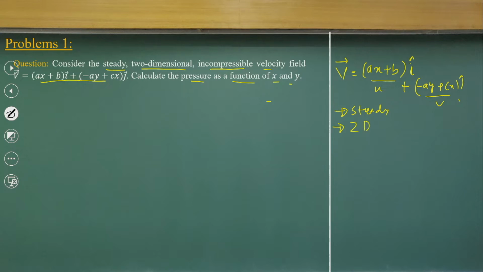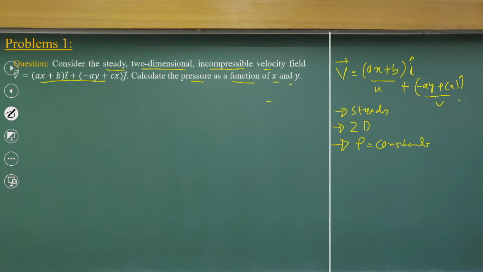You should have this understanding. And rho is a constant, as it has been given to us: density is constant for incompressible flow.